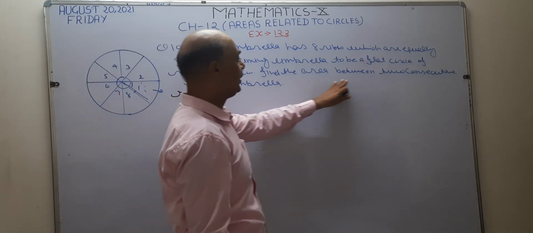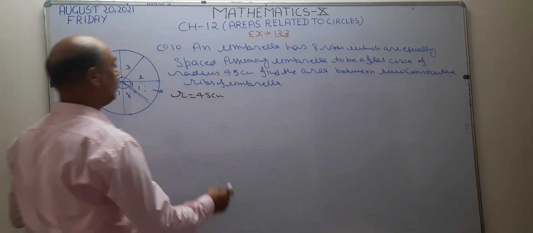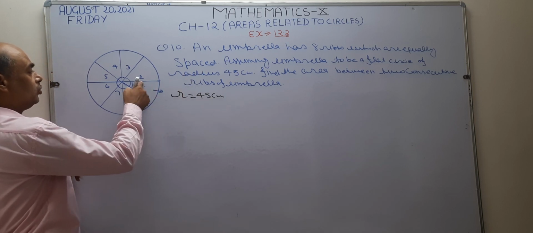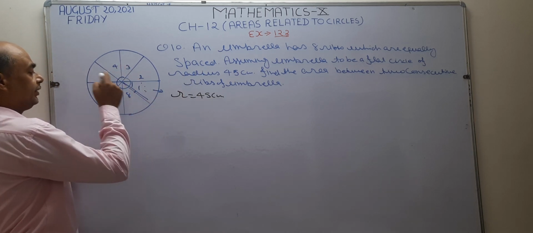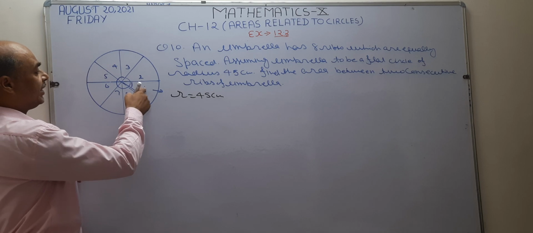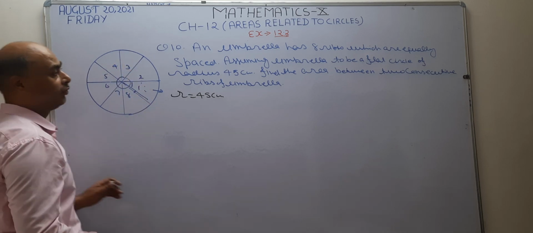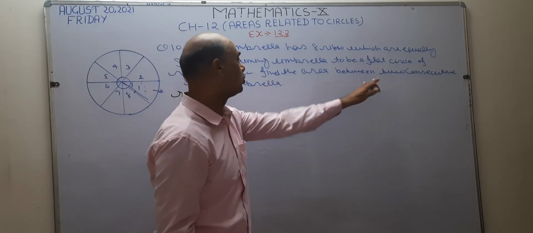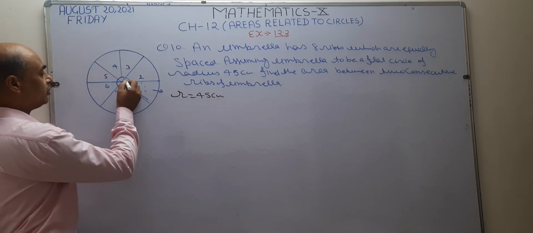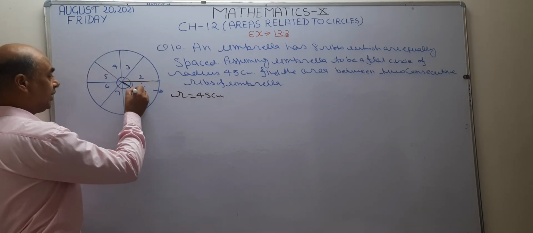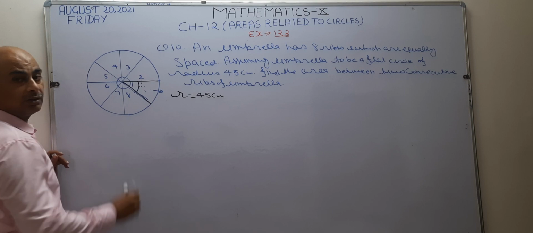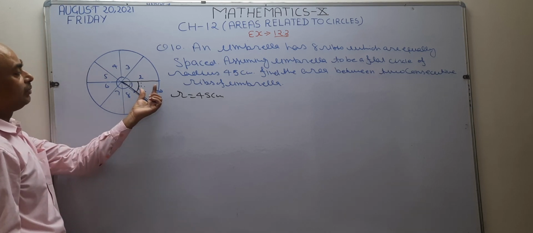Find the area between two consecutive ribs. Now 8 ribs are there. See, 1, 2, 3, 4, 5, 6, 7, 8. These 8 ribs are going to make 8 sectors. So what is the question? Find the area between two consecutive ribs. Two consecutive ribs means we are going to find the area between these two consecutive ribs, means this sector. Only we are going to find the area of a simple sector.